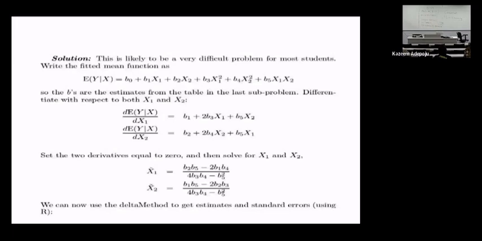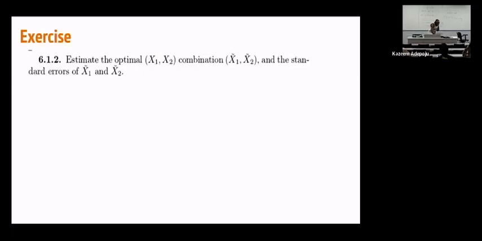That is what you got, and you set it to 0. Then you obtain x1 star and x2 star, which are basically the optima. And what do they depend on? They depend on the regression parameters, b2, b5, all of that. They are already in the output.